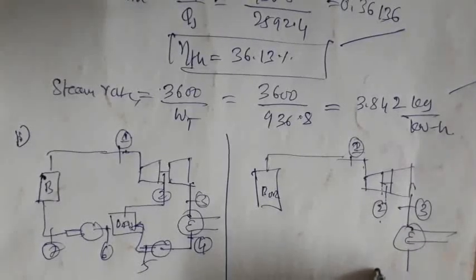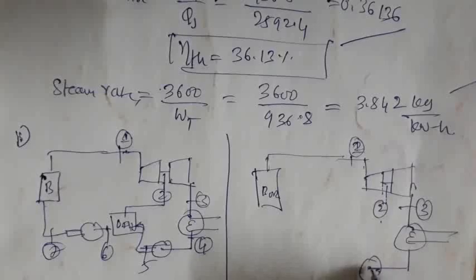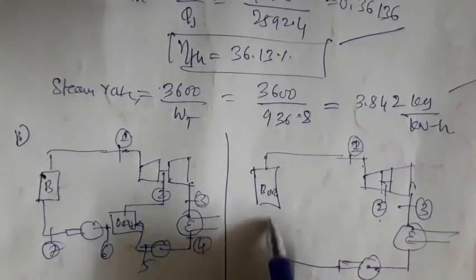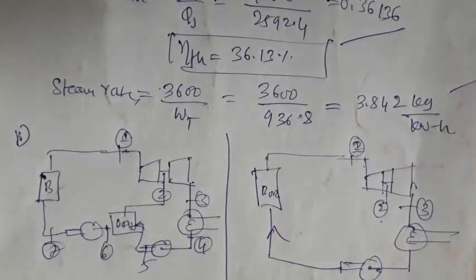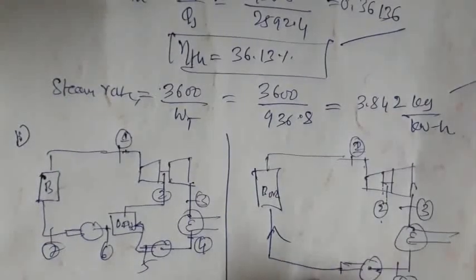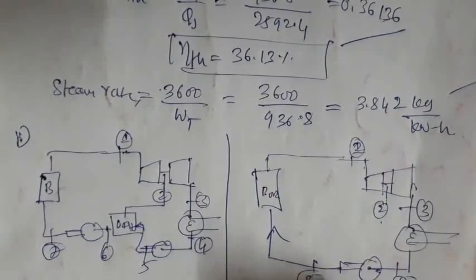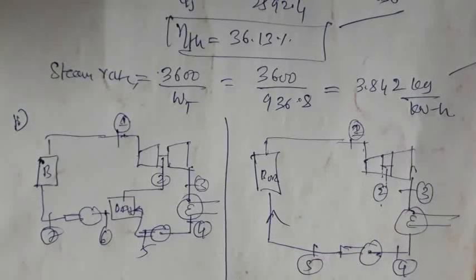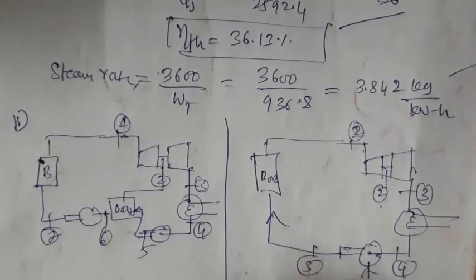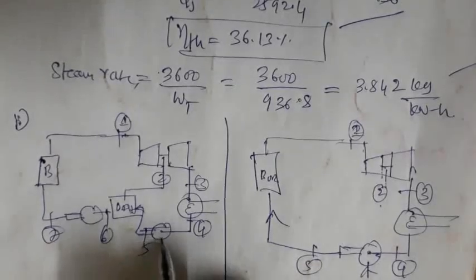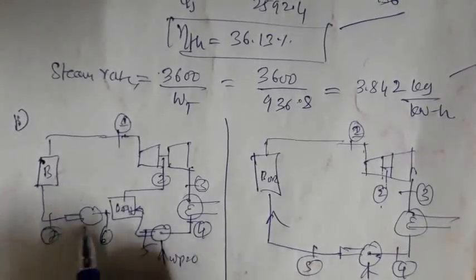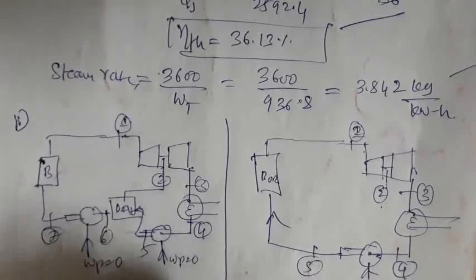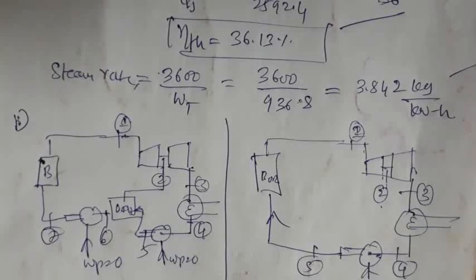From the condenser we have a pump, which pumps directly into the boiler. So this is 3 to 4 and 4 to 5. That is the pump work here, which is negligible. WP is equal to 0. Here also WP is neglected, in both cases.